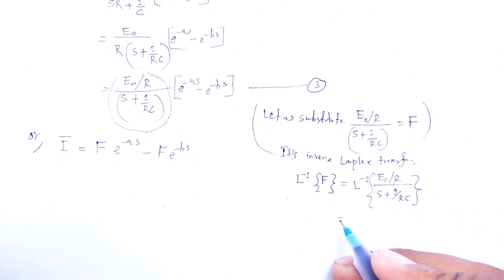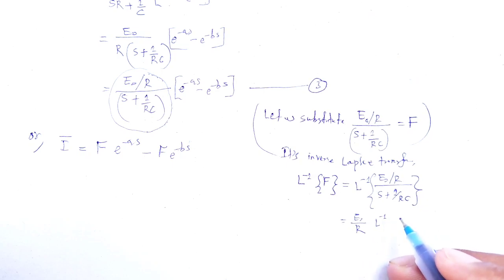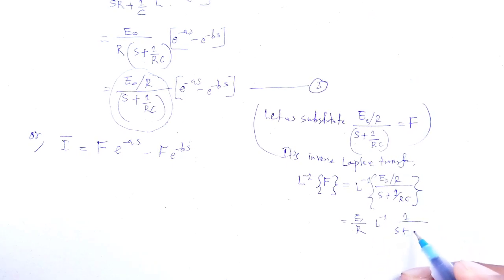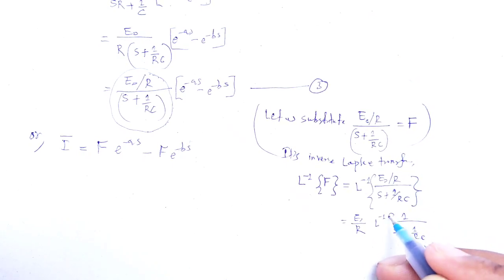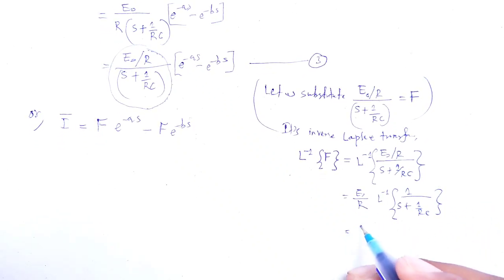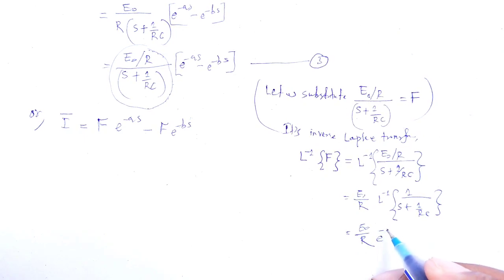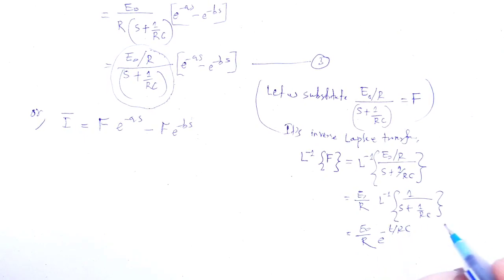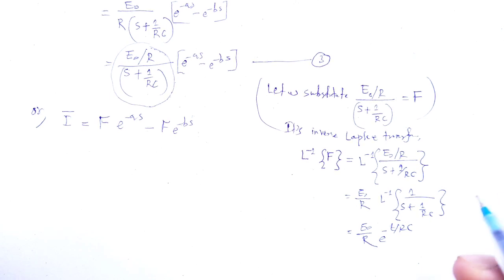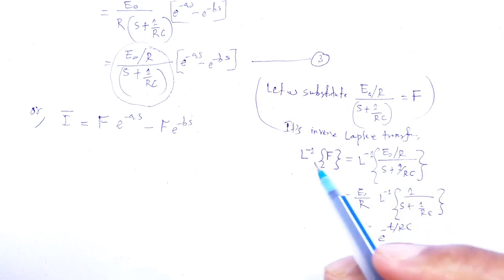We have E naught by R, so inverse Laplace transform of 1 divided by s plus 1 by RC is equal to E naught by R e to the power minus t by RC, as the inverse Laplace transform of 1 divided by s minus a is equal to e to the power at. That formula is used here.